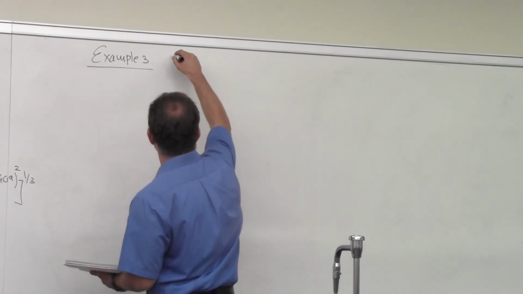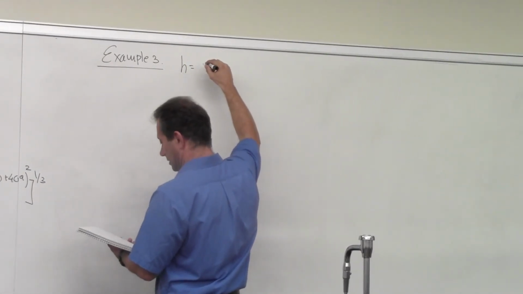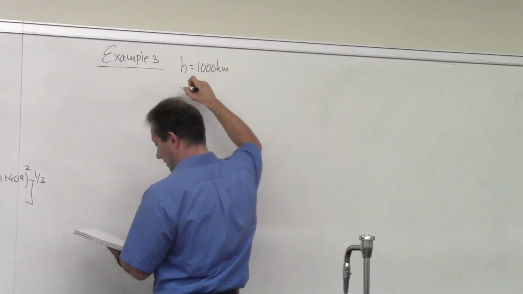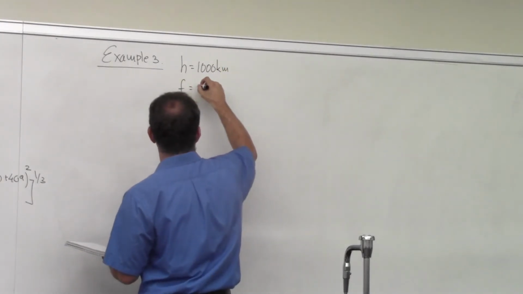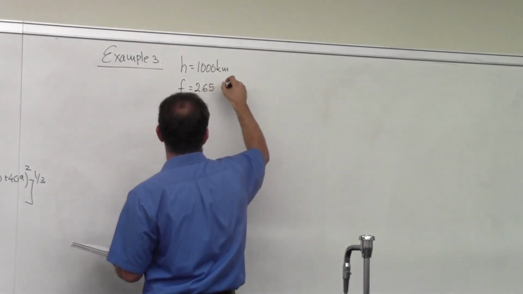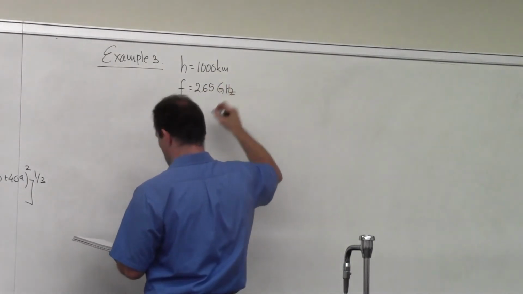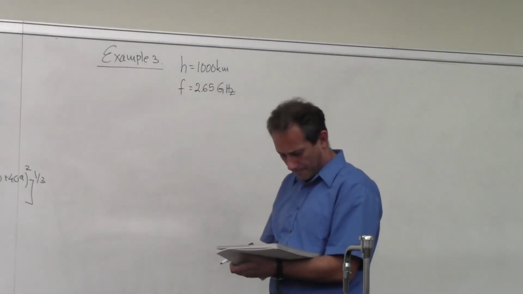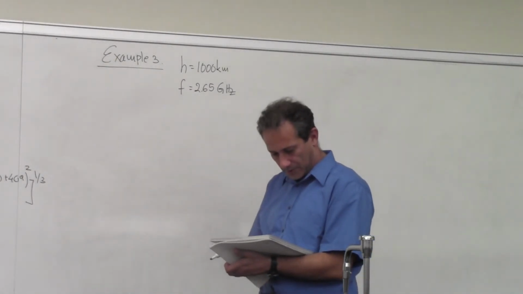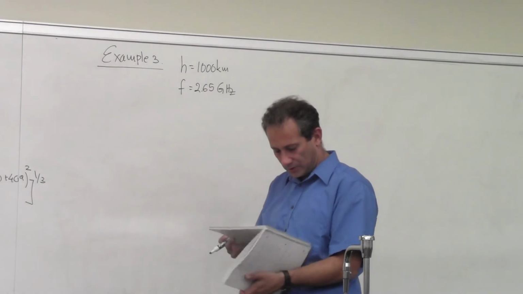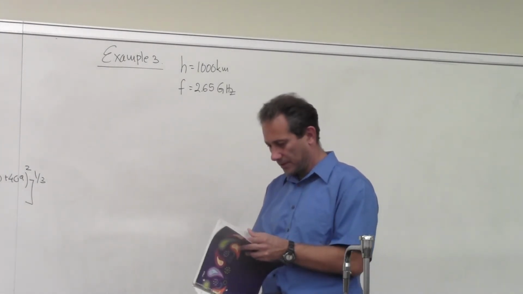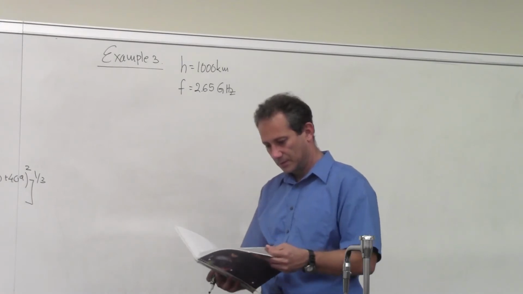So we have an altitude of 1,000 kilometers, and the operating frequency is 2.65 gigahertz. The question here is, what is the Doppler shift experienced by the Earth station?